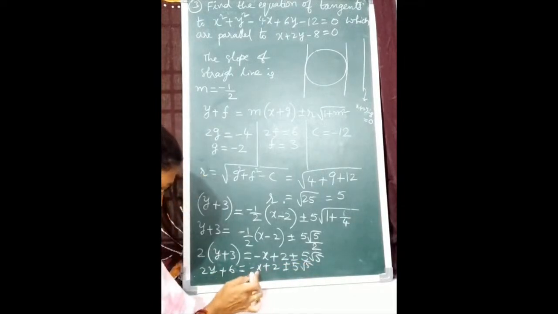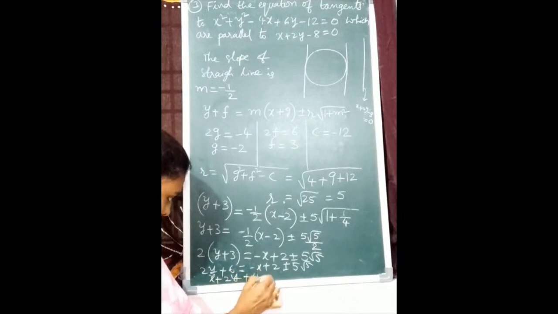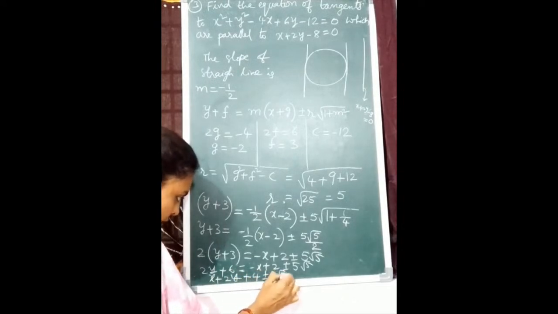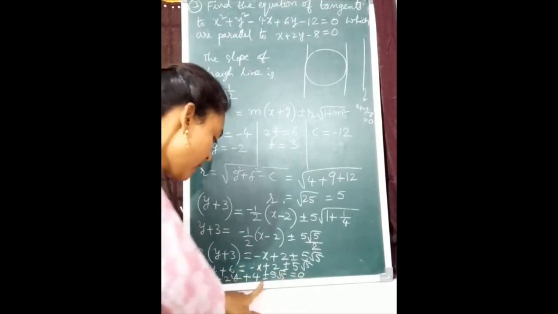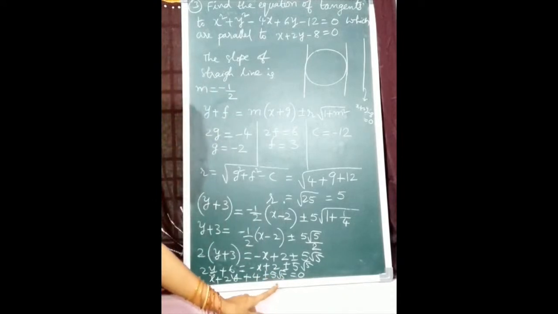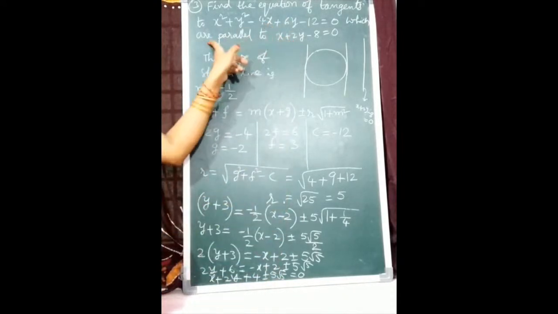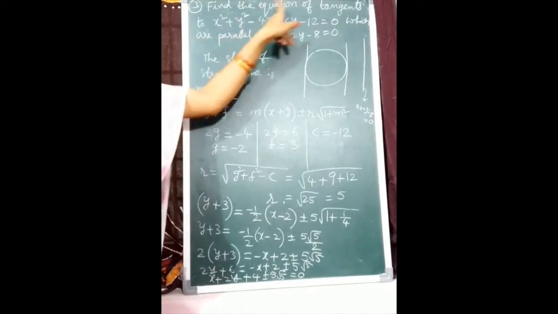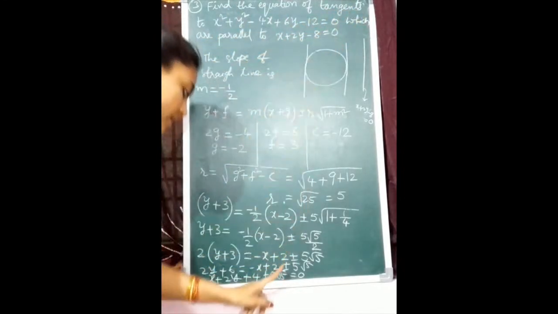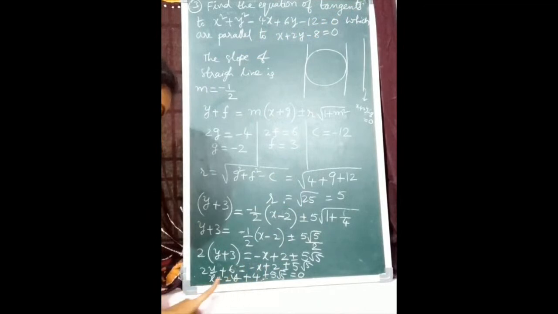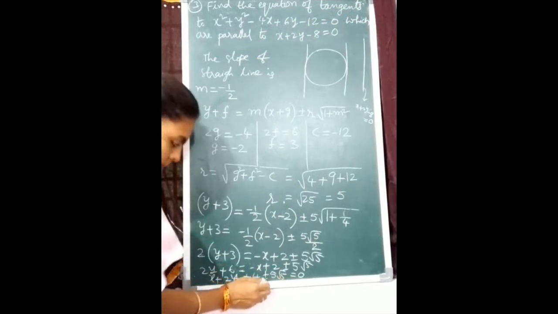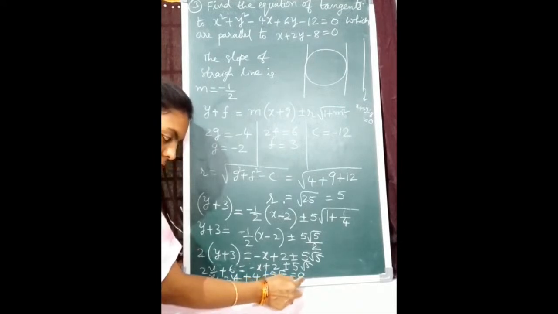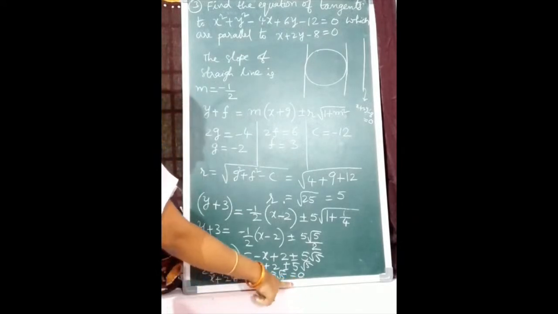Finally x plus 2y plus 6 minus 2, that is plus 4, plus or minus 5 root 5 is equal to 0. So plus or minus, ఎందుకంటే ఇక్కడ 2 tangents కనుక్కోమన్నట్లు ప్రాబ్లం లో find the 2 tangents. Plus తో ఒక tangent, minus తో ఒక tangent. x plus 2y plus 4 plus 5 root 5 is equal to 0 and x plus 2y plus 4 minus 5 root 5 is equal to 0. These are the equations of 2 tangents.